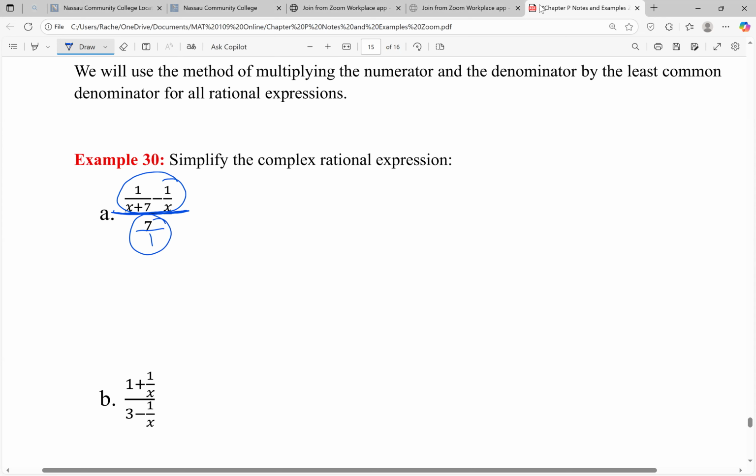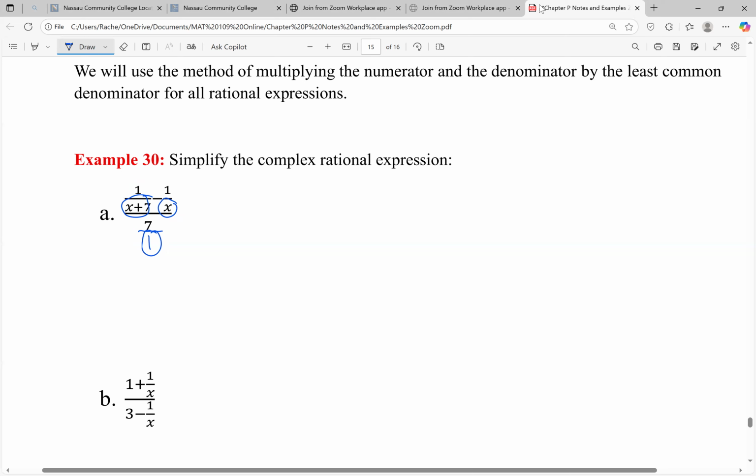One of the methods that we could use to simplify this complex fraction is to multiply the numerator and the denominator by the least common denominator of all the different fractions that we see here. So we have a 1 over x plus 7, a 1 over x, and a 7 over 1. If we look at these 3 different denominators, what's my LCD? What's my least common denominator?